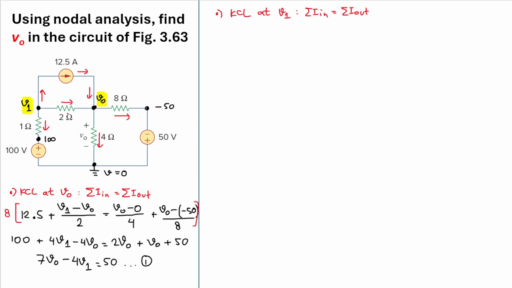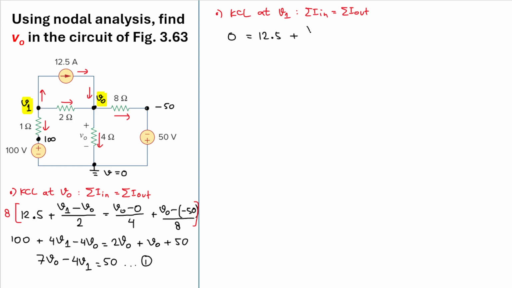Okay, there is no current that goes into v1, so I can just put 0 on the left hand side, and on the right hand side I will have this current here, which is 12.5. Okay, good. That is the first current that is going out.